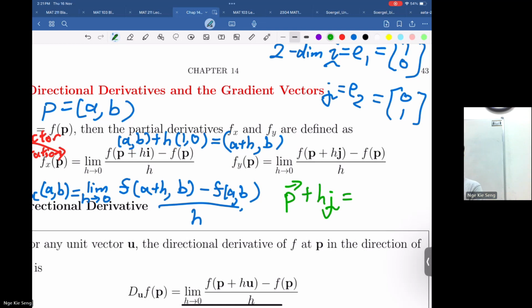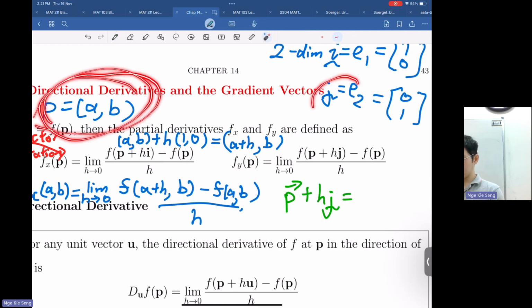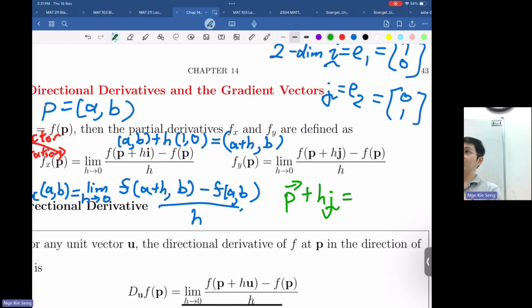Ivan, what is p plus h j? What's p? p is here, and j is here. So what's p plus h j? Linear algebra, this one later gets tested. Linear algebra, vector addition only.